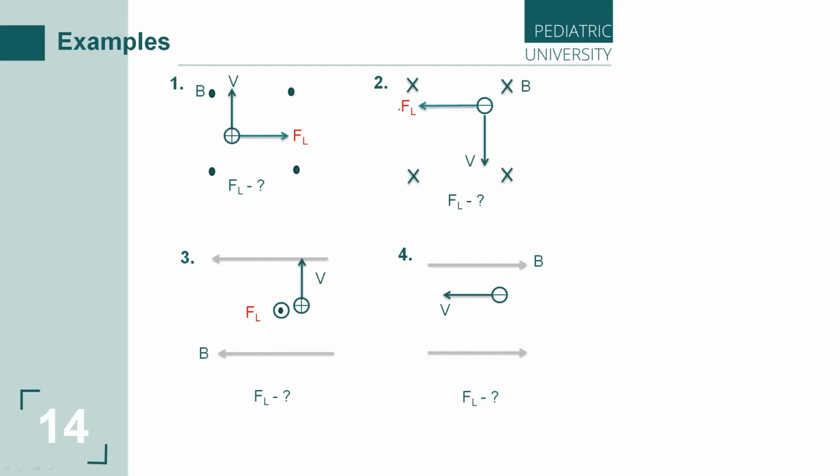We can't turn our hand according to this example. What happened? We see that the angle between the direction of the charge velocity and the lines of magnetic induction is 180 degrees, which means that the Lorentz force in this case is 0, because the sine of 180 degrees is 0. So the Lorentz force will be 0 too.